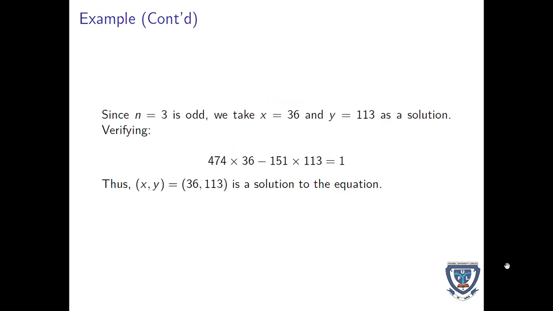Since n equal to 3 is odd, we take x equal to 36 and y equal to 113 as a solution based on the proposition we just read. Now, verifying, we discover that when you replace x with 36 and y with 113, you are going to get 1. Thus, x is 36 and y is 113, and that is the solution to the equation.